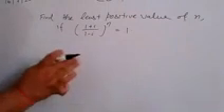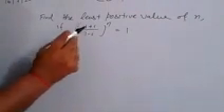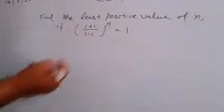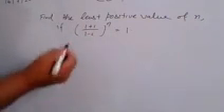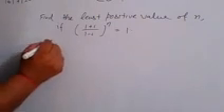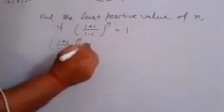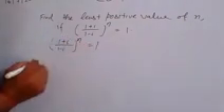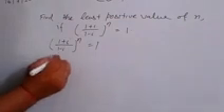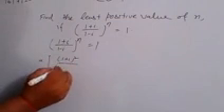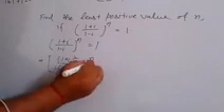First of all, you have to express the term on the left side in standard form. In standard form, here you have 1 plus i upon 1 minus i. So taking the conjugate, you can write 1 plus i whole square divided by 1 minus i into 1 plus i, and whole power n is equal to 1.